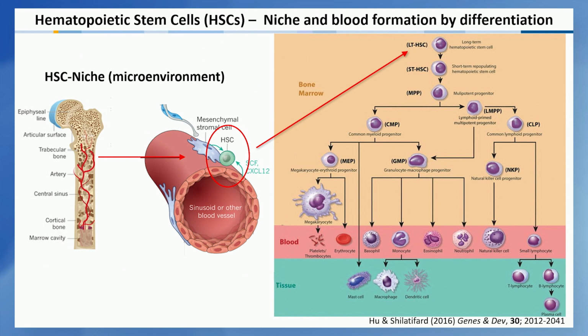And then everything splits up. You get a restriction towards the lymphoid line or the myeloid line, or in part in between, so-called common lymphoid progenitors, CLPs, or common myeloid progenitors, which then continue to differentiate and produce the terminally differentiated cells, which fulfill a certain function, which we see in the peripheral blood, and I guess you all know.